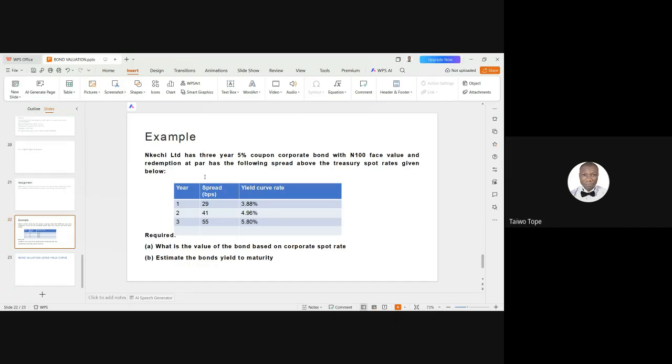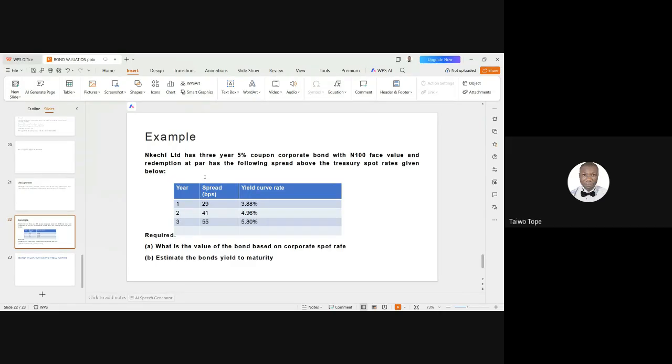So now, looking at this question, we have years 1, 2, 3. We have spread. We explained what spread is during our discussion in the course of adjusted present value. Now, this spread is in basis points. BPS is what? Basis point. And we said when you have 29 as your basis point, what is the meaning of 29 as basis point?